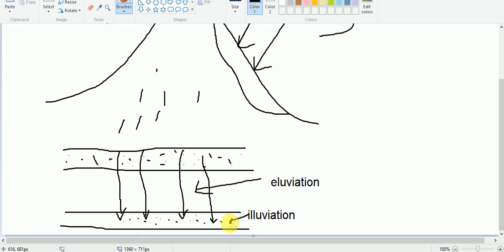In this way, water is very important in the formation of soil. Water will transport the minerals from the top downward, and that transportation is known as eluviation, and they will be deposited in a layer, and that process of deposition is known as illuviation.